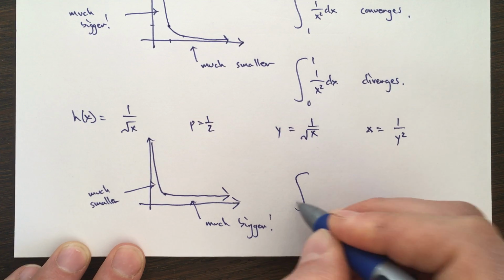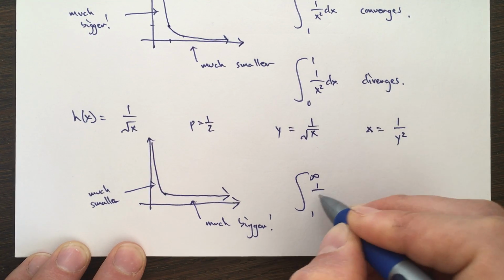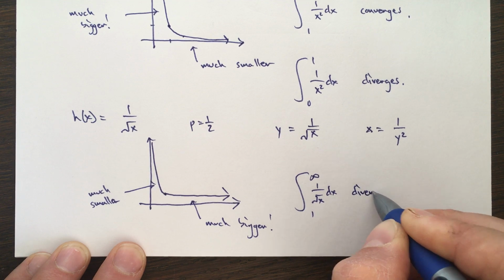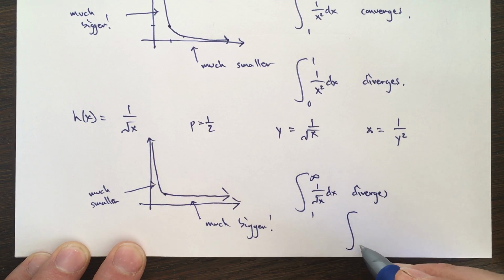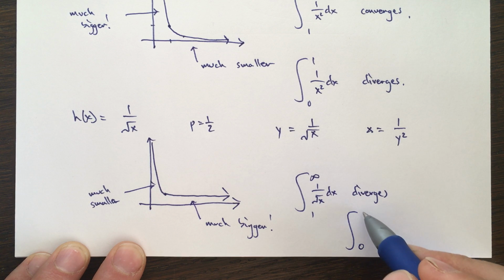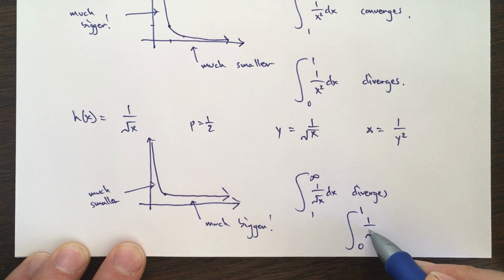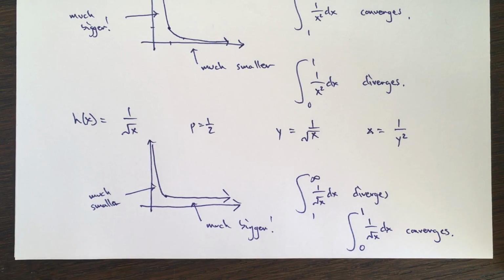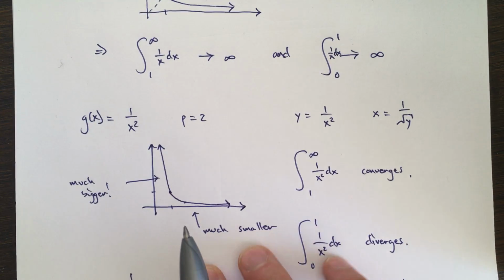So now we know that the integral from 1 to infinity of 1 over root x dx diverges, but the integral from 0 to 1 of 1 over root x dx converges. So to summarize, we can basically say this.